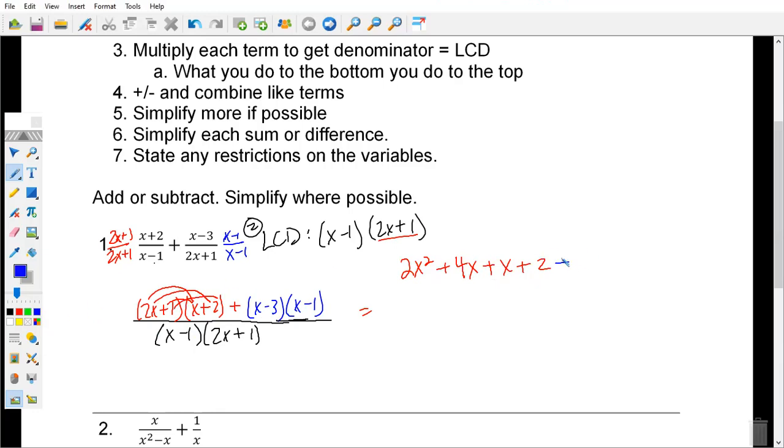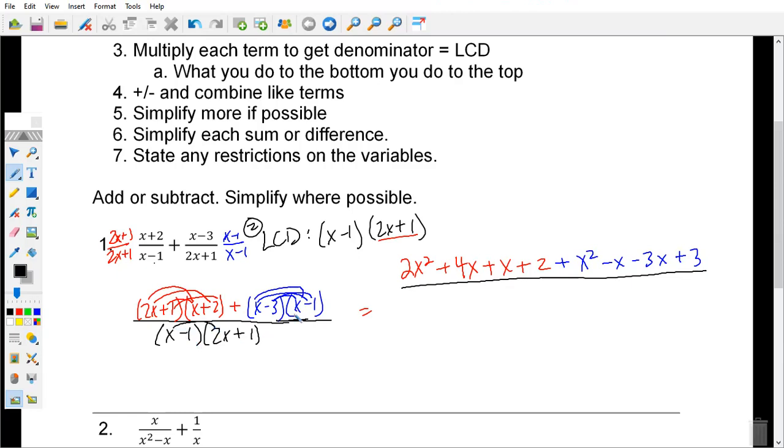Okay, we're going to do the same thing on the other side. x times x gives us x squared. x times negative 1 gives us negative x. Negative 3 times x gives us negative 3x. And then negative 3 times negative 1 gives us a positive 3. So we'll combine, and we're going to now multiply the denominator.